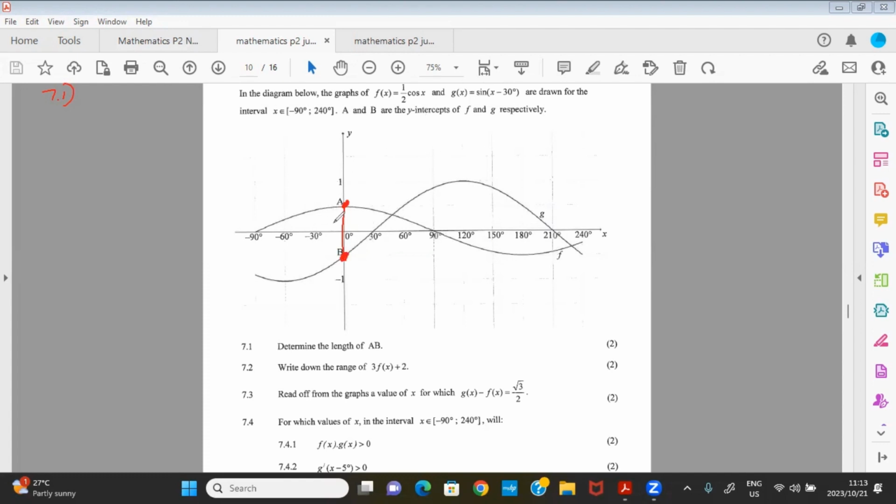So to find the length, I must know what A is, what B is, and subtract them. Let me start by finding A and B.